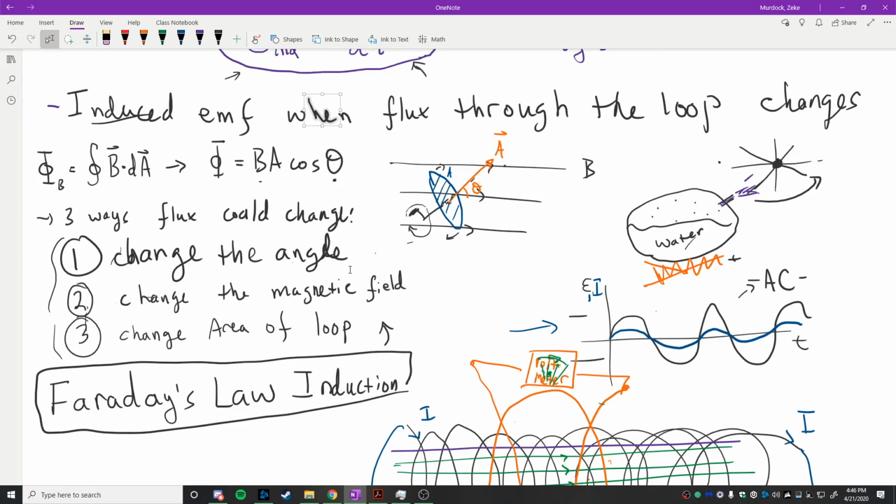Have you guys ever heard of inductive heating? Like induction stoves? So there's electric stoves, but there's also what's called induction heating.